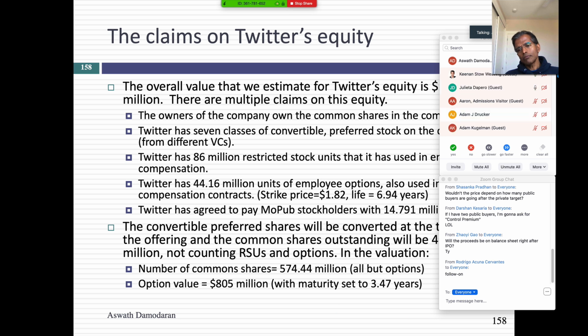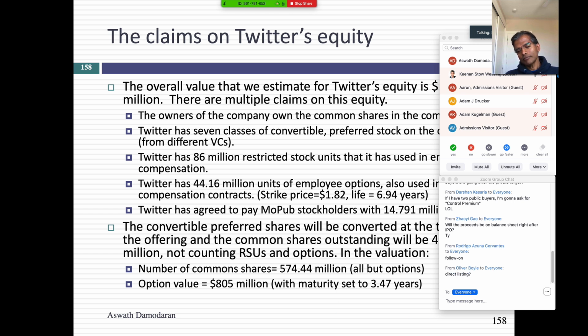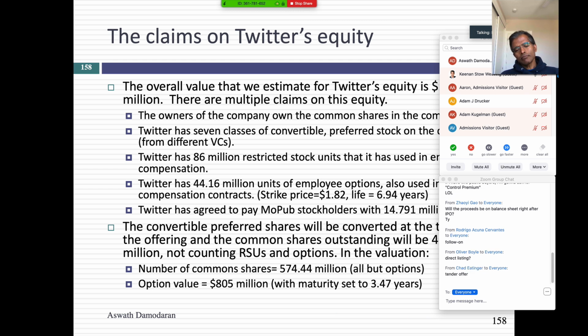Okay, thank you. On her point, what is it called when existing private shareholders sell their shares into the market? Is that a trade? Your value can't change if owner A sells to owner B or owner B sells to owner C. Is there like a hybrid follow-on where some new shares are issued and some existing private shares are sold?